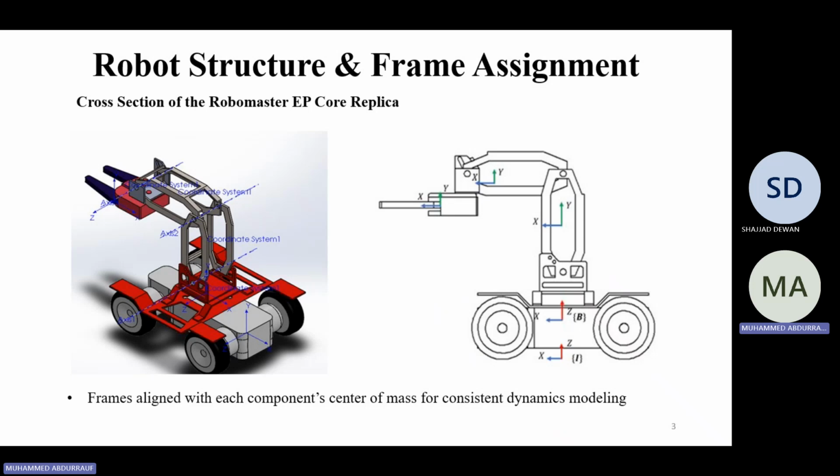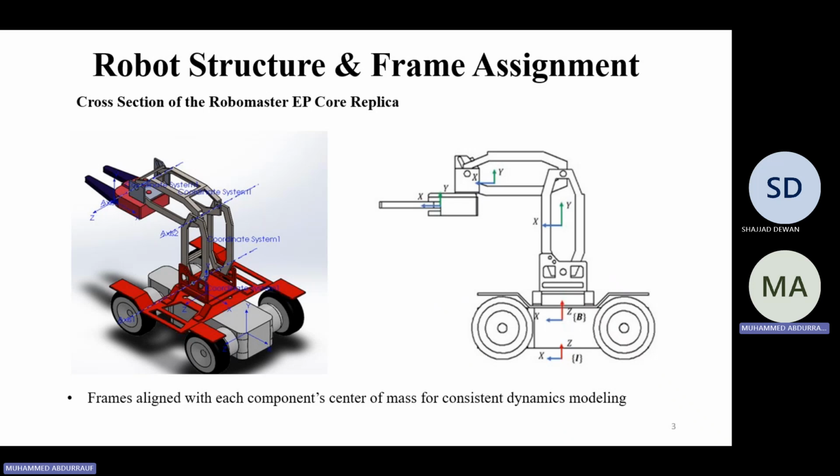Now this is a cross-section of the Robomaster EP Core replica. Due to the inaccessibility of the model CAD file itself, and after numerous contacts with the manufacturers and rejection, we basically built a similar robot in SolidWorks.